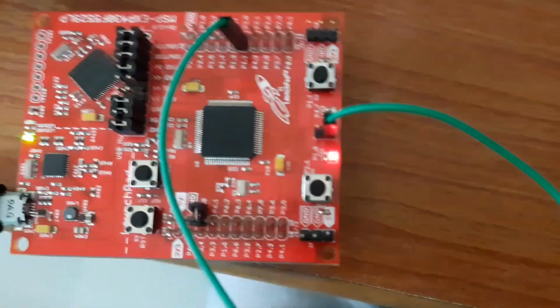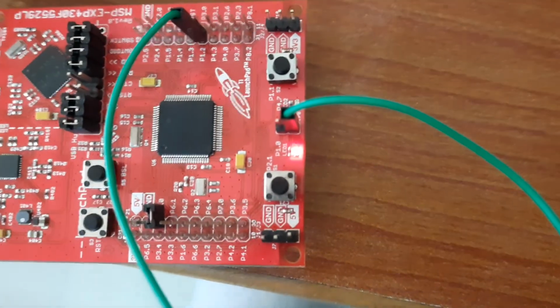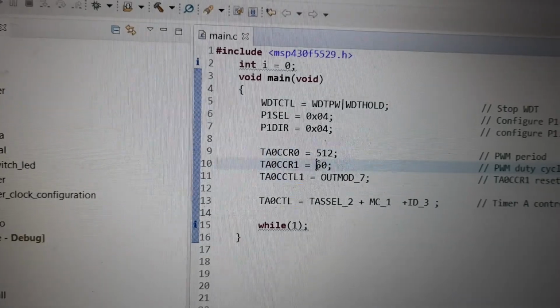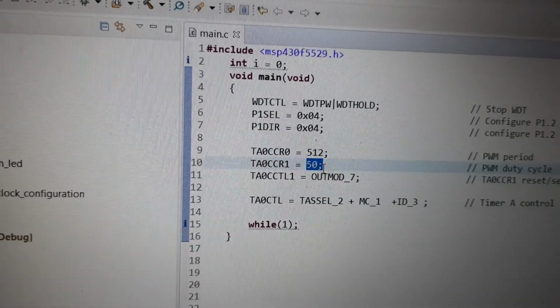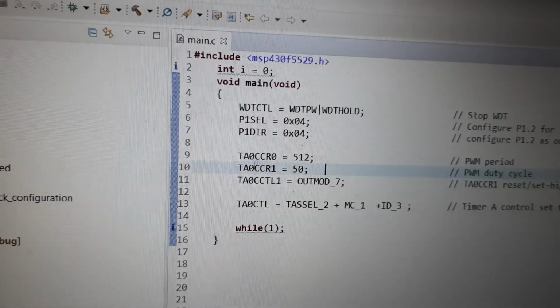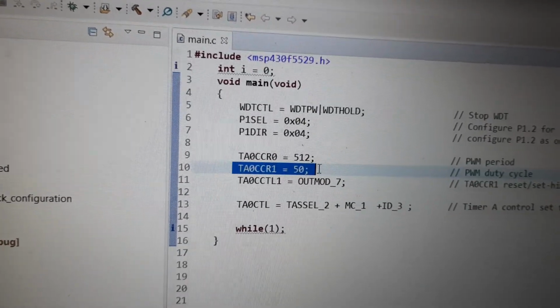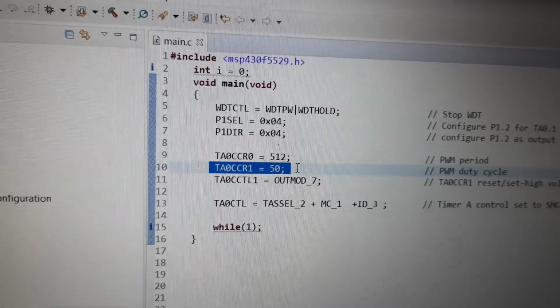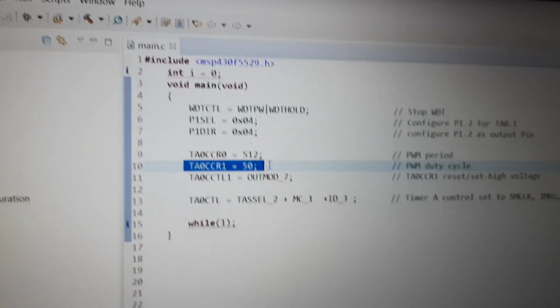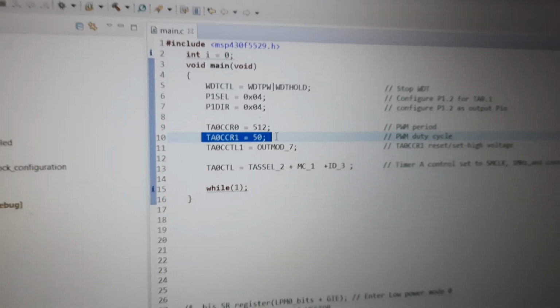So come back to the board. Now the LED is glowing with higher intensity. So by varying the on time, the value in TA0CCR1, you can vary the on time of the pulse width modulated waveform, thereby varying the average voltage of the PWM output.